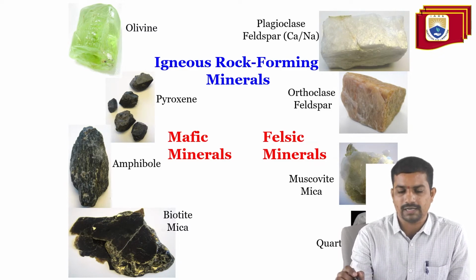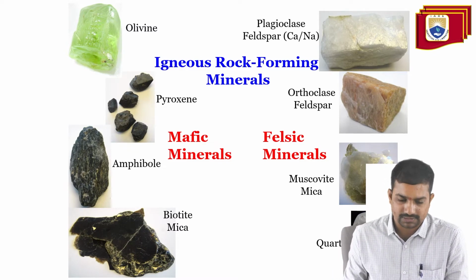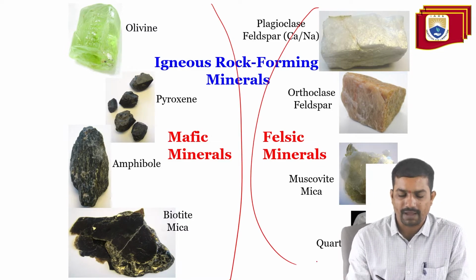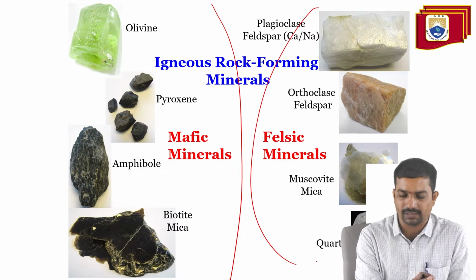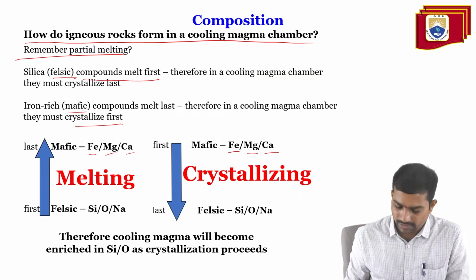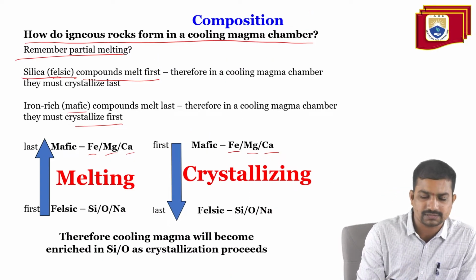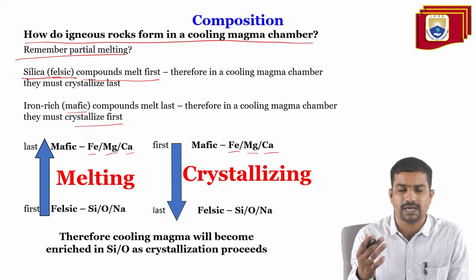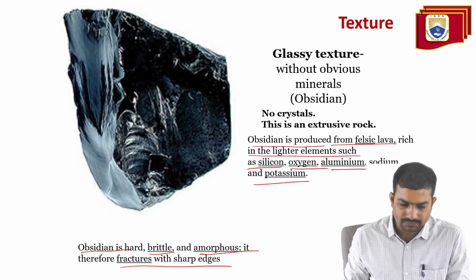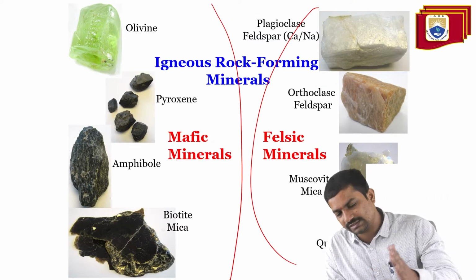mica, plagioclase, orthoclase, muscovite, and quartz. So these are the felsic minerals. These are mafic minerals, and these are felsic minerals. I have already told you that the materials having an abundance of silica are the felsic minerals.